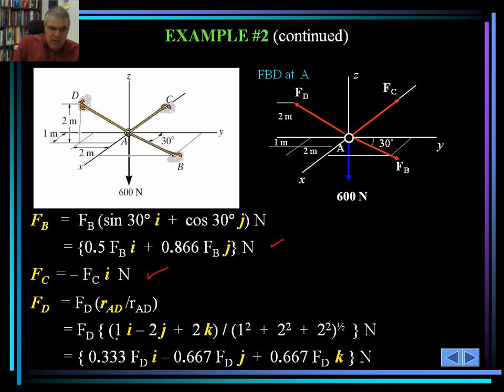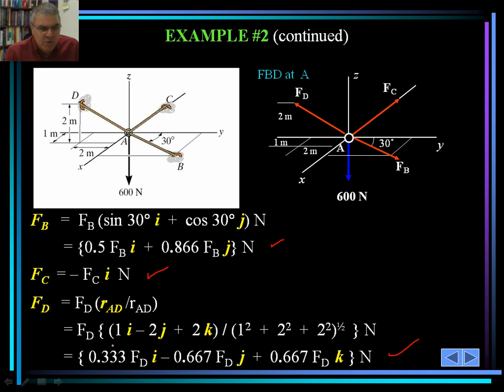So 1i minus 2j plus 2k, 1 square, 2 square, 2 square, take to the half power, and that would give us f sub d the way it is presented here.